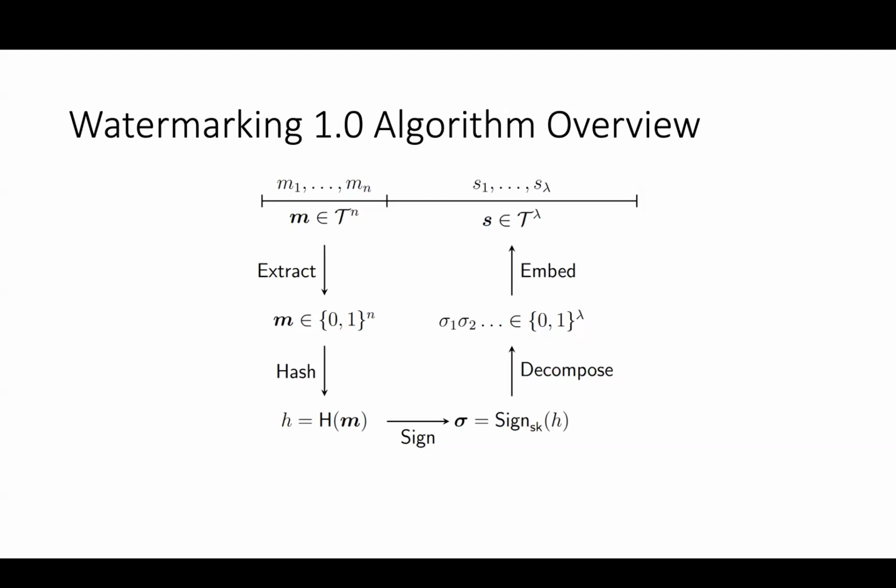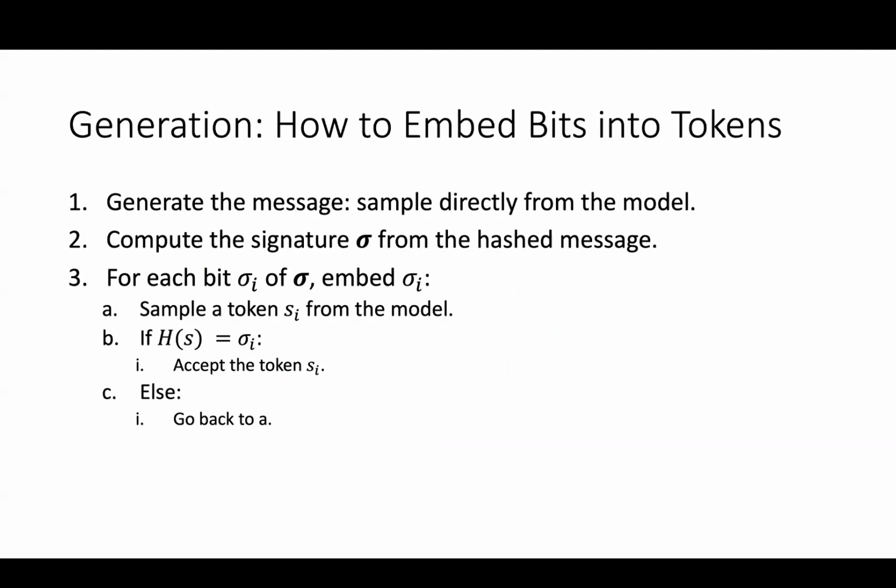And here we can adopt a strategy similar to prior works in embedding. In words: we use the first few words from the model directly, sign them to get the signature, and then we sample the next tokens in a way similar to what the Maryland group did.